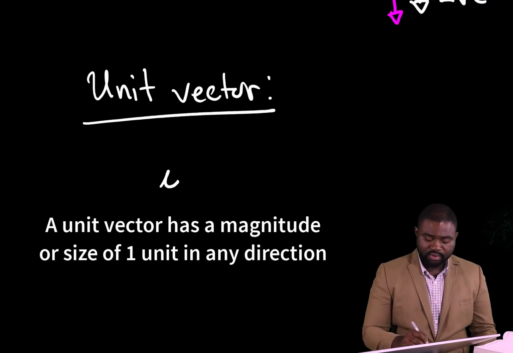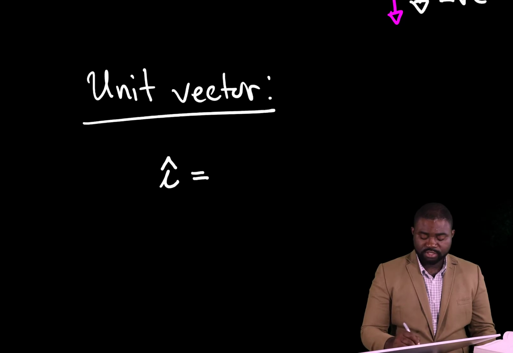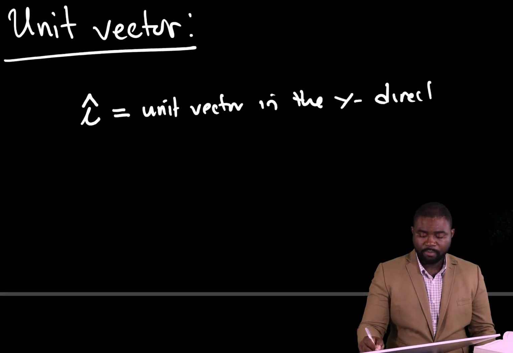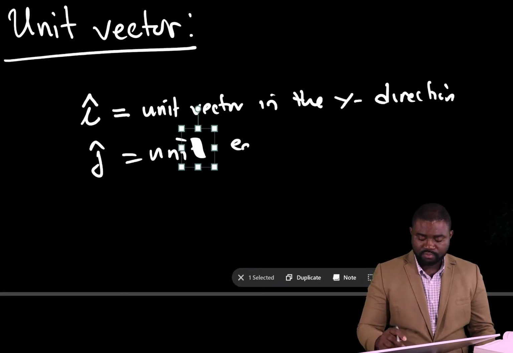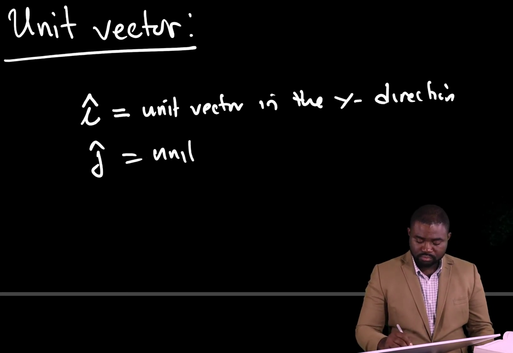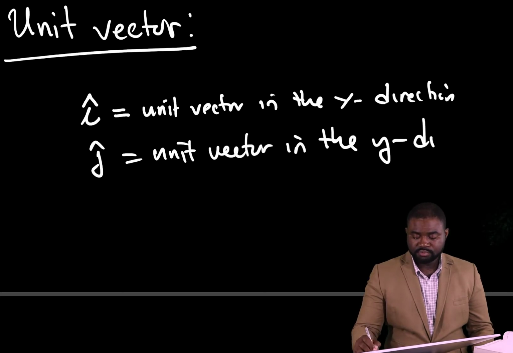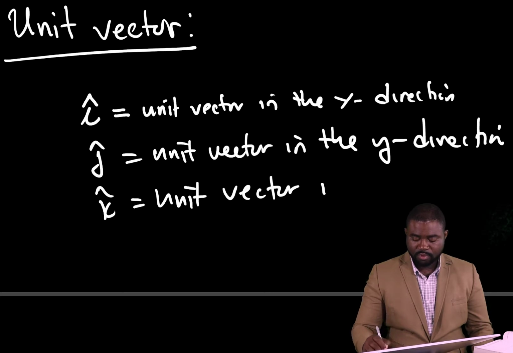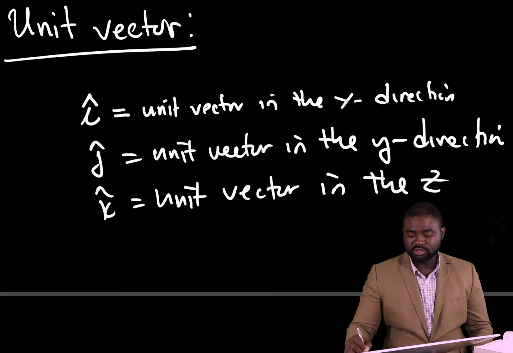You have i hat, which represents the unit vector in the x direction. You have j hat, which represents the unit vector in the y direction, and k hat, which represents the unit vector in the z direction.